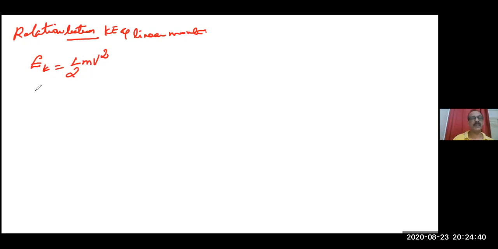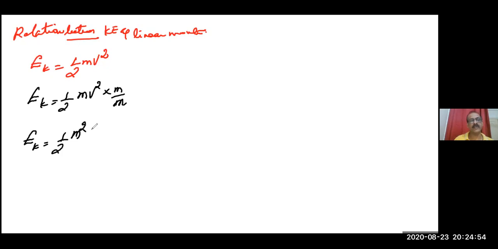Numerator and denominator we are multiplying by m, so the equation has no change. EK is equal to half m squared v squared divided by m. We know p is equal to m into v, so m squared v squared is p squared. EK is equal to half p squared by m.